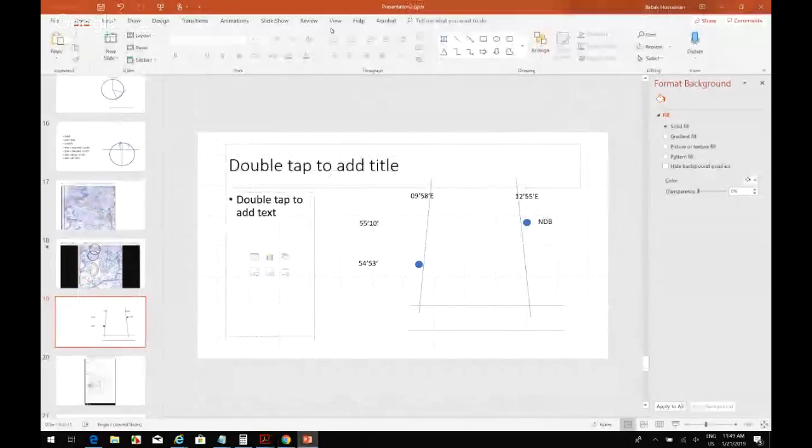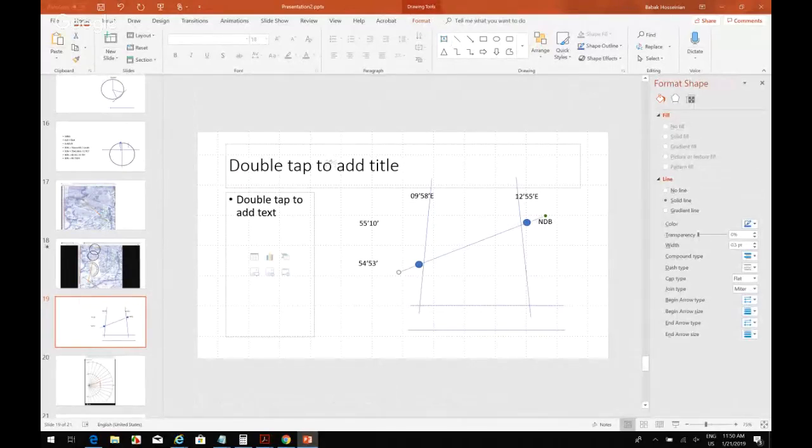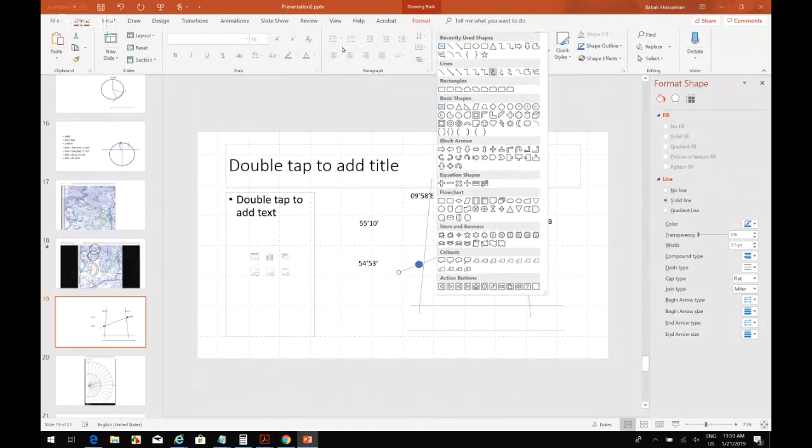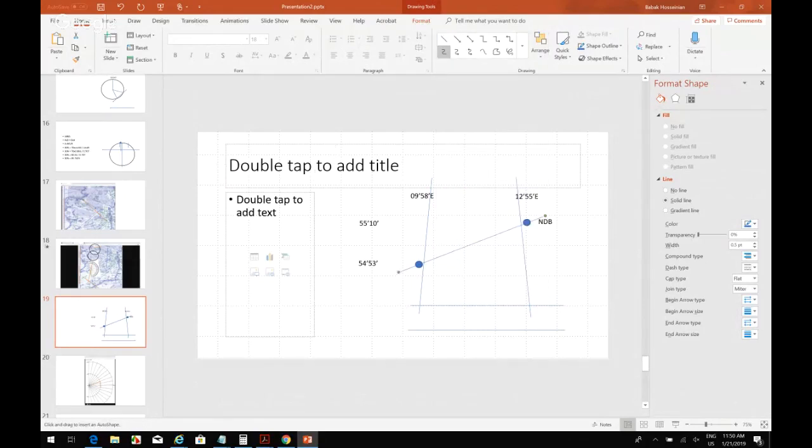Okay, so I guess what they're saying is this angle here, or if we draw it like, whatever.